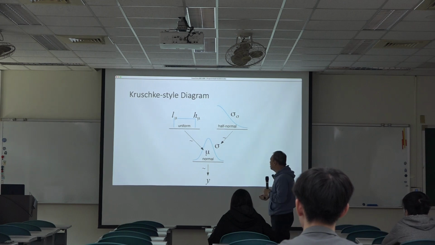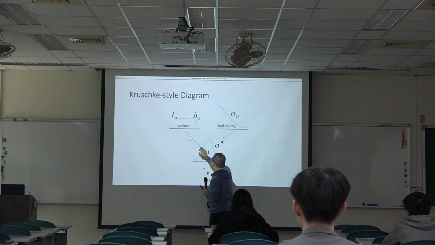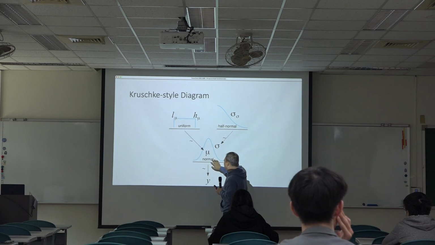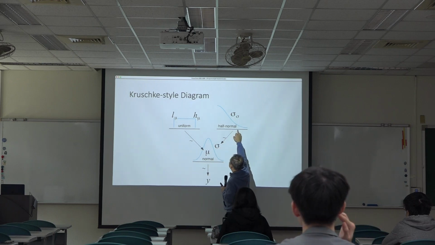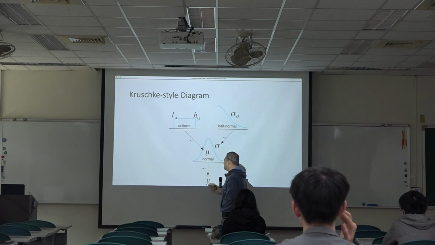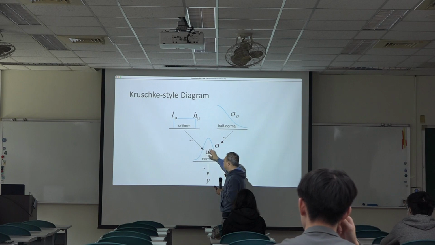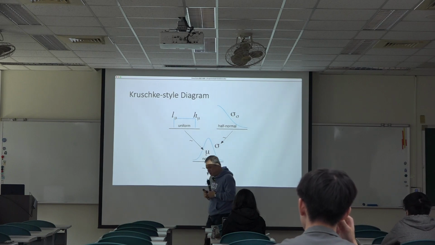So we get the mu from this uniform distribution, and we get the sigma from this half normal. And this is the data we sampled, from a distribution which is a normal distribution.